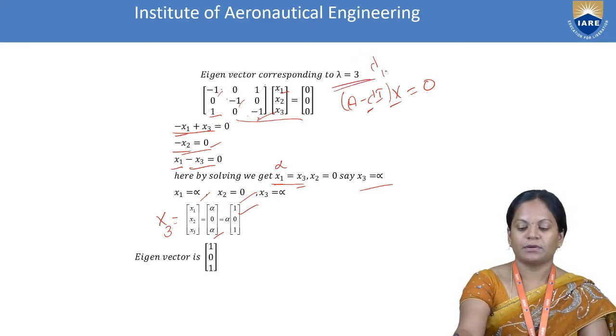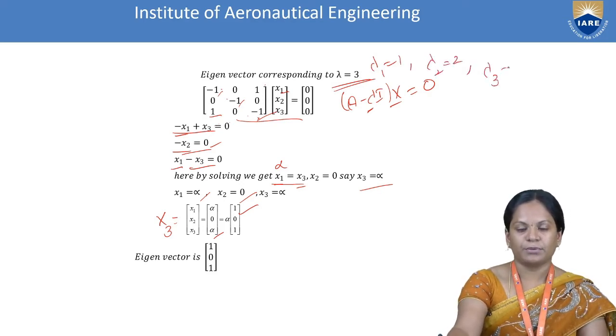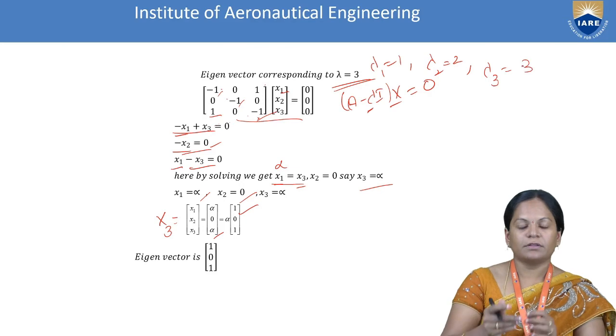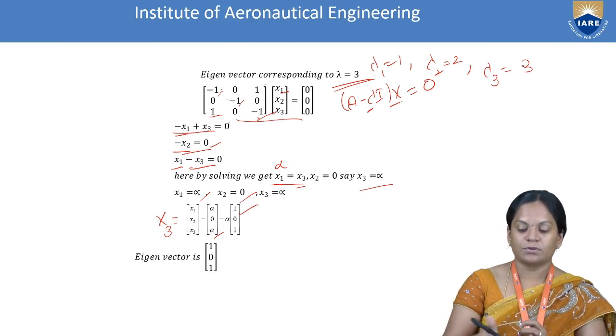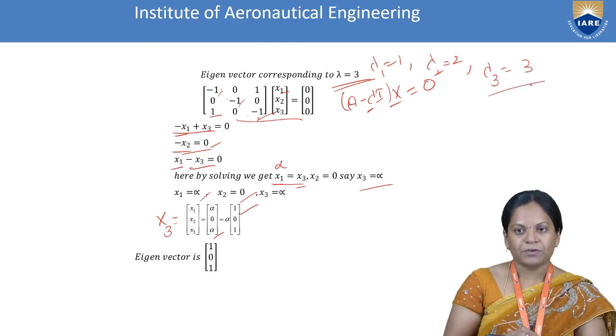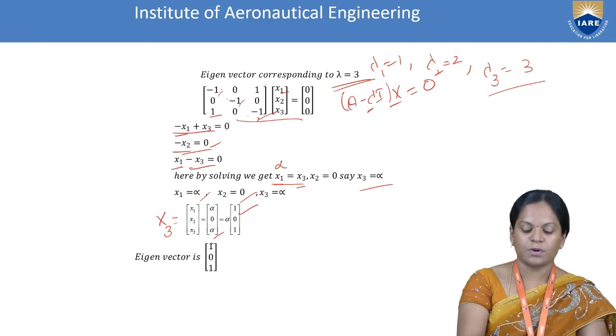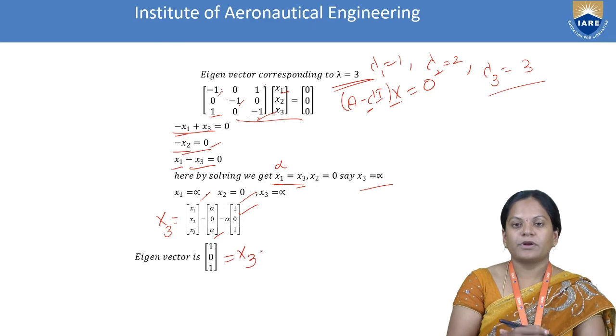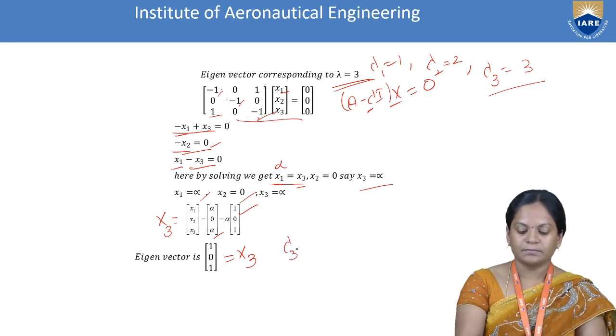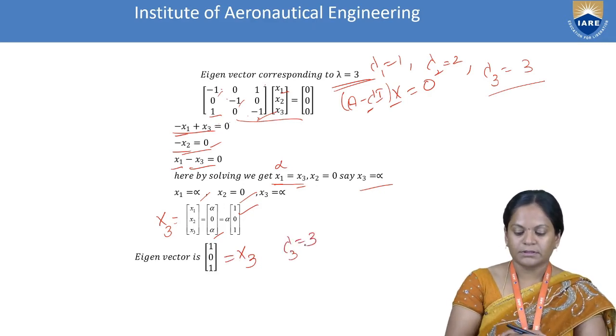So the first eigenvalue is 1, the second eigenvalue is 2, and the third eigenvalue is 3. So we got 3 different eigenvectors. For lambda equal to 3, we got the vector 1, 0, 1, which is the third eigenvector corresponding to the eigenvalue lambda 3 equal to 3.